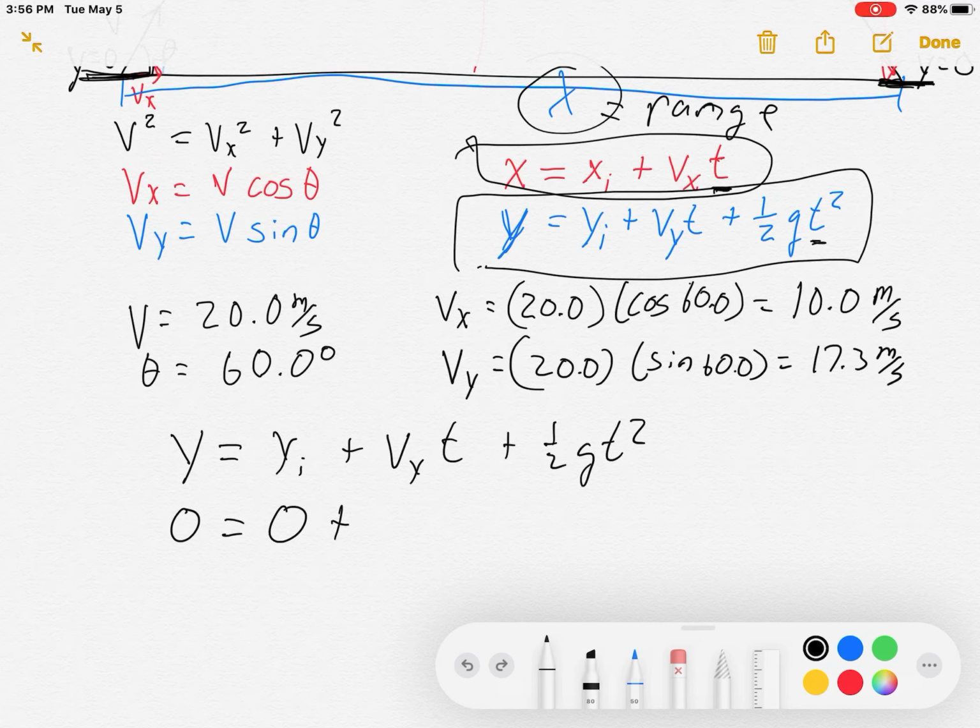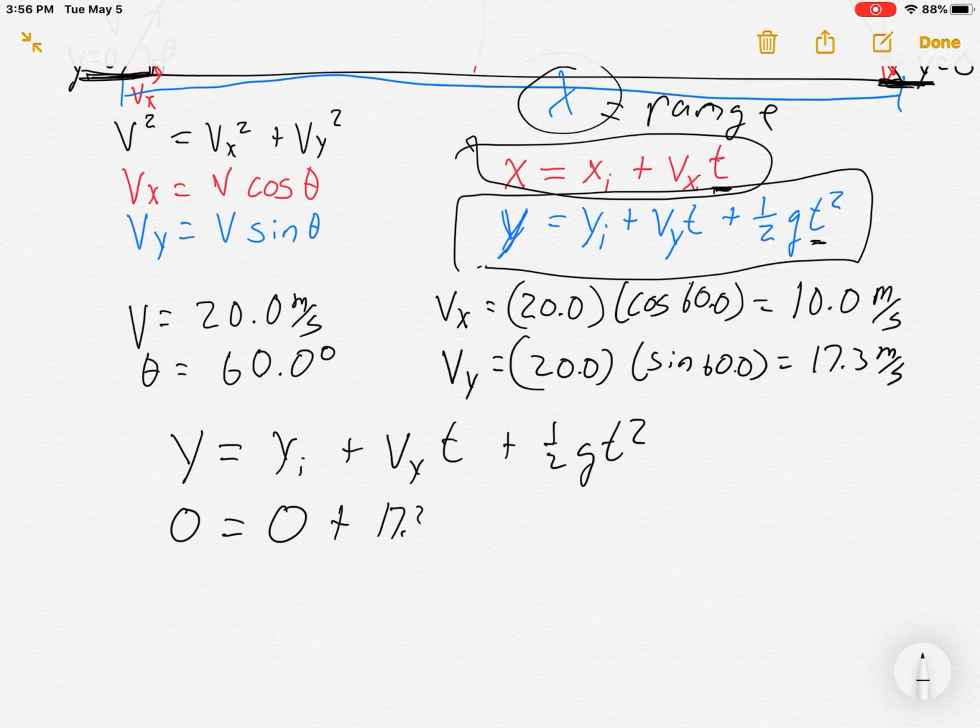All right, so let's plug in the other stuff here. Vy was 17.3 meters per second. And the time, we don't know the time just yet. And for 1/2 g, if we're on Earth here, g is negative 9.81 meters per second squared. And again, t, we don't know yet.